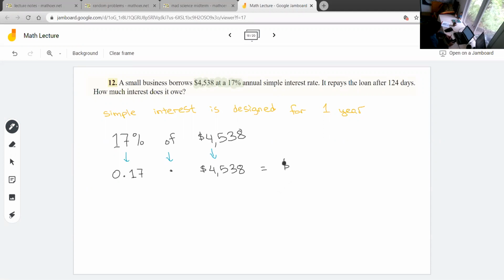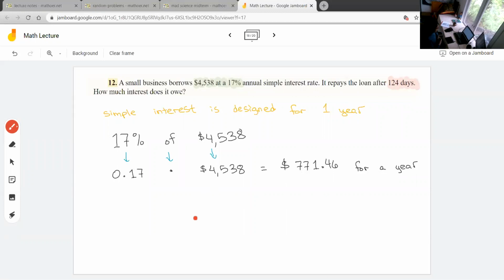But I'm not done now. If the loan was a year, that would be the amount of interest. But the loan isn't. The loan is not a year, it's only 124 days.